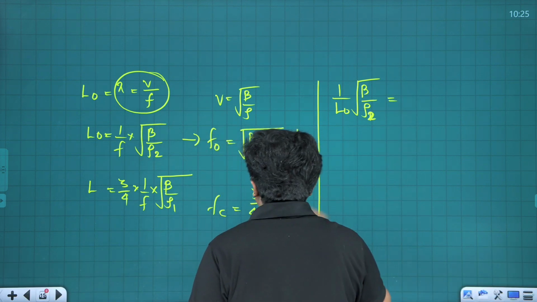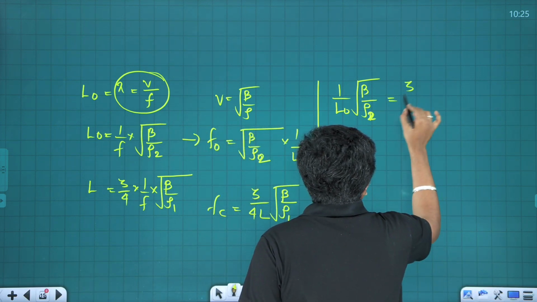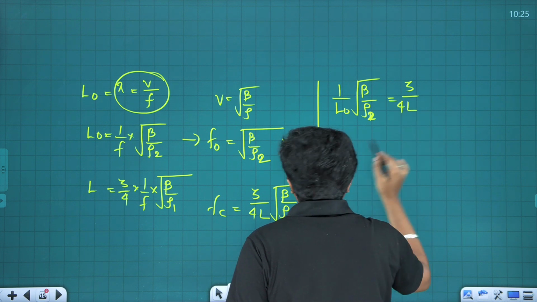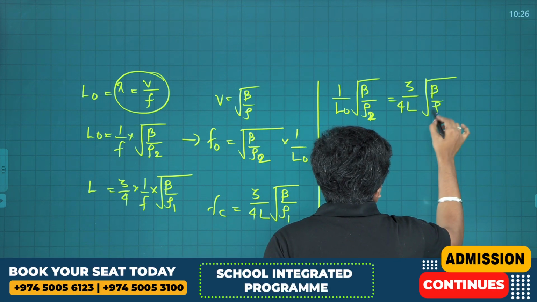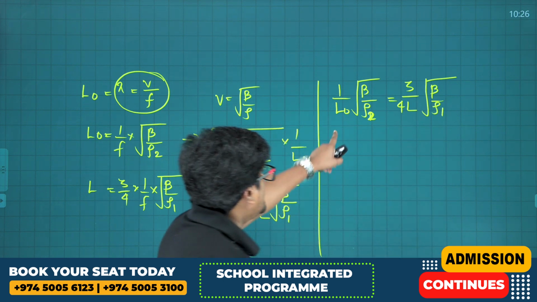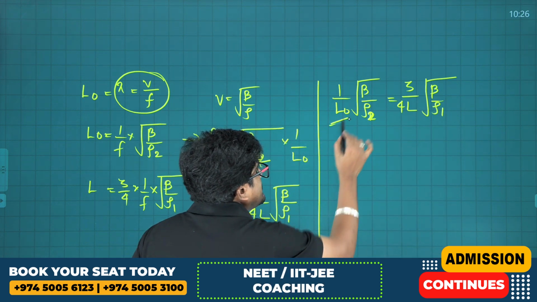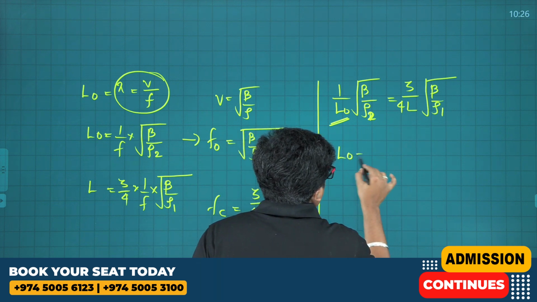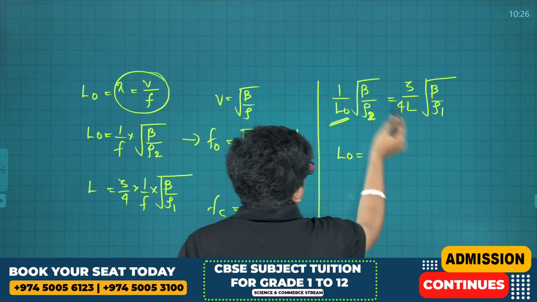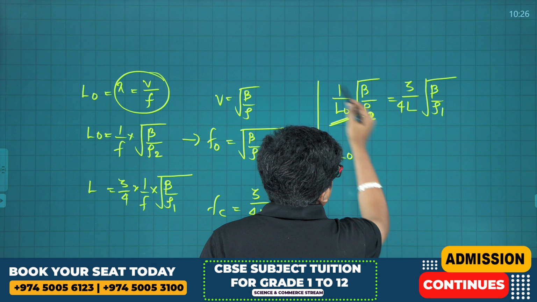Alright, that should be equal to 3 divided by 4 times L into root of beta divided by rho 1. We need to get the length of the open pipe, isn't it? So L suffix O is now supposed to be, of course, this will come to the left.